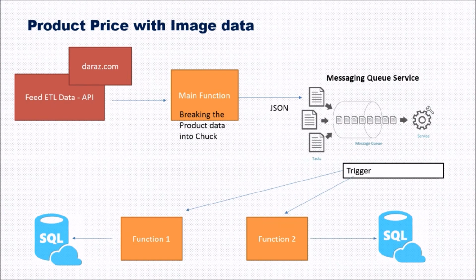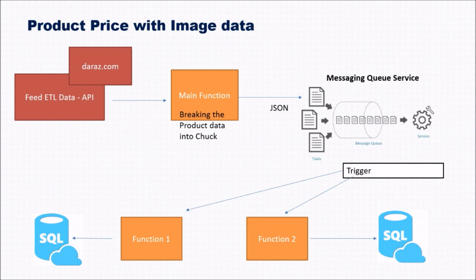So this is what I have shown about the DORAs. Suppose you have a DORAs, you have made a web scraping, and you want to get all the data from the DORAs into your custom website, your application. In the ETL process, you need to make a main function.